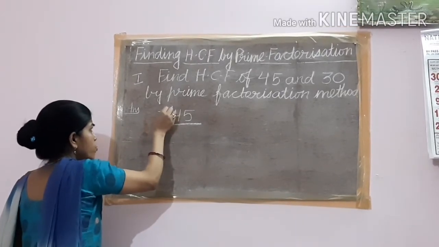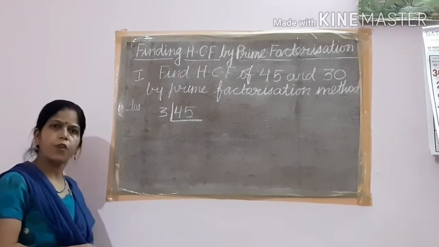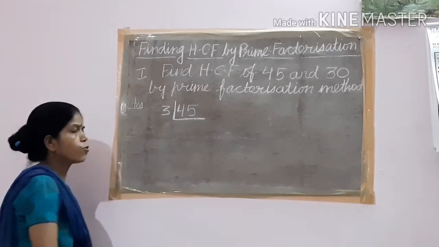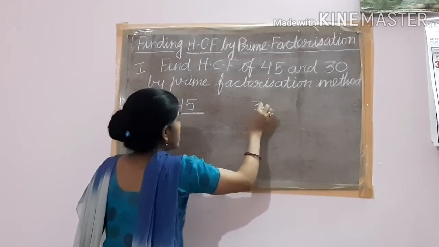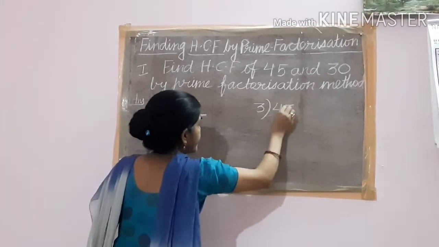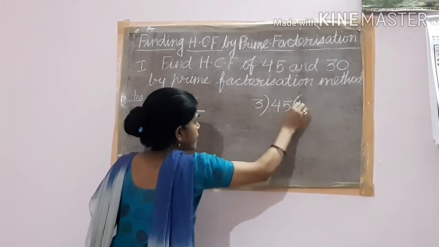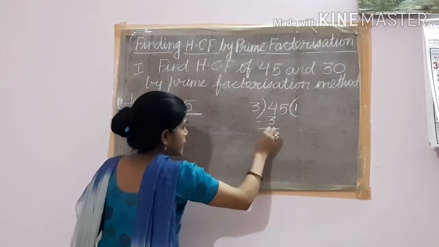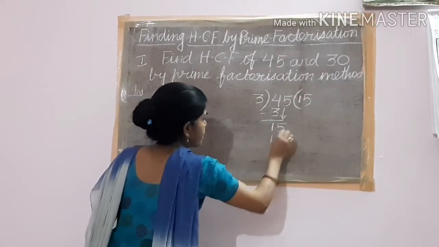Those who know tables, for them it's very easy. Like 15 3s are 45. Those who don't know, one method is long division: 3 ones are 3, 4 minus 3 is 1, bring down 5, 3 fives are 15.